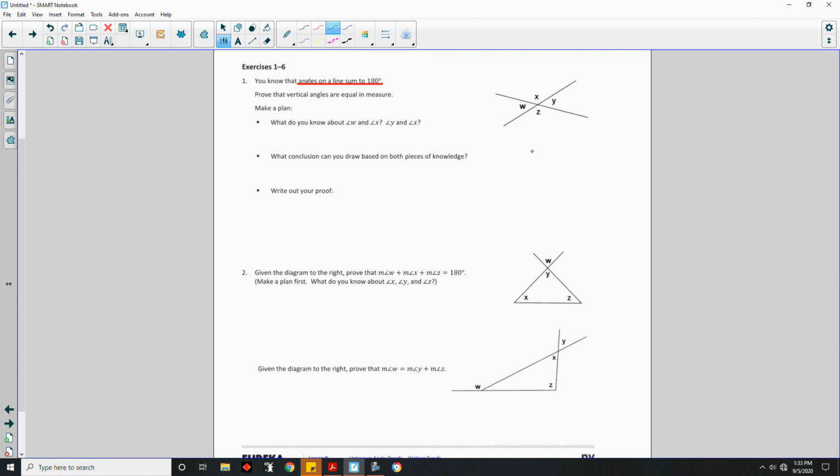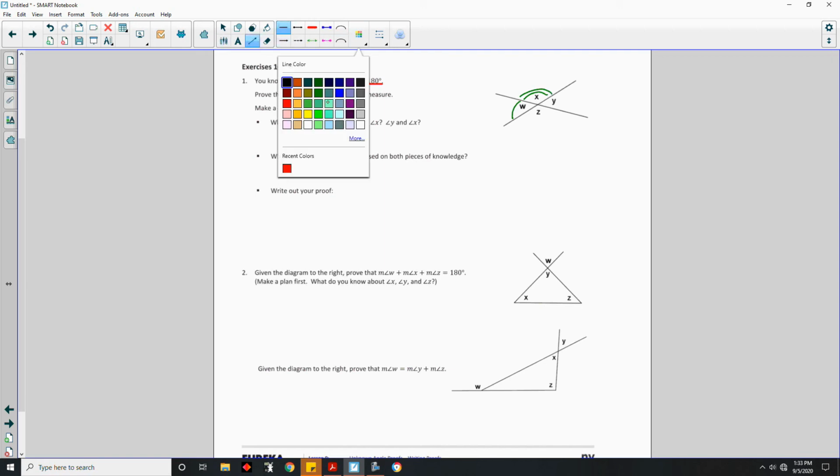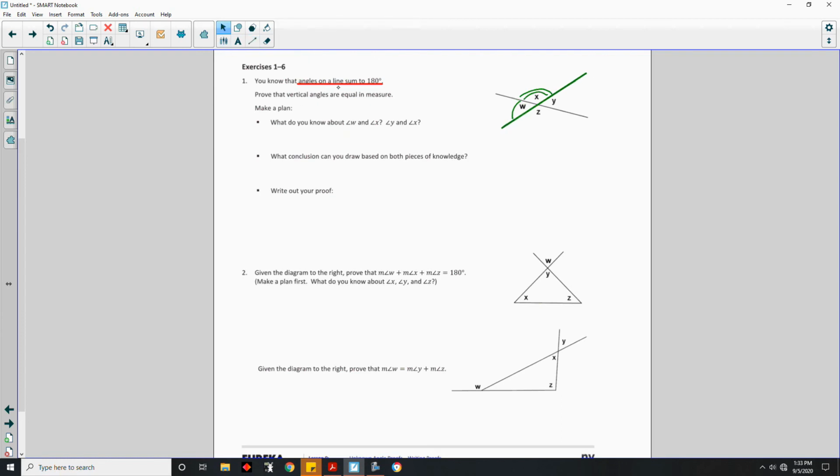Okay. Angle W is here. Angle X is here. They are on a straight line right here. So looking at this, it says angles on a line sum to 180. So now we can say angle W plus angle X equals 180 degrees.